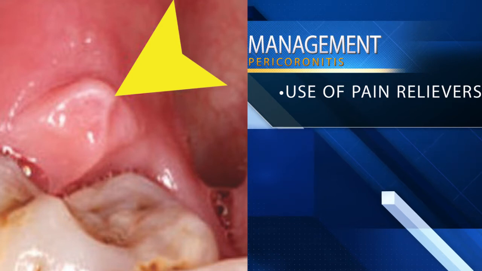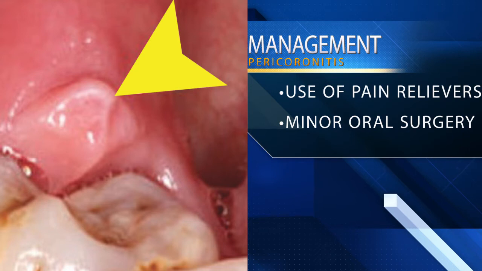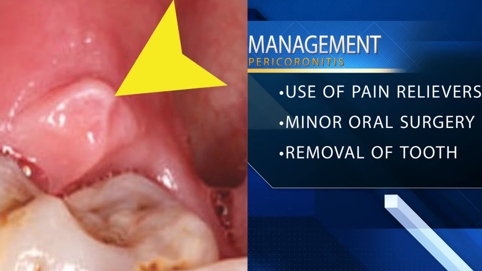We also have minor oral surgery, and here it entails the removal of the overlapping gum, especially if the patient wants to retain the tooth because of one reason or another. And we also have the removal of the tooth.